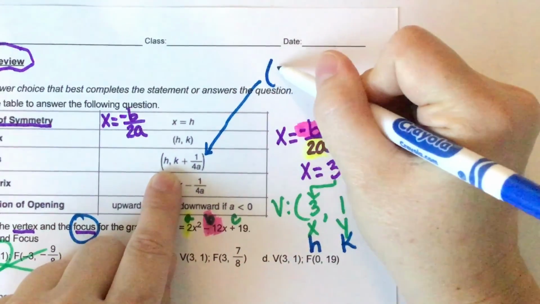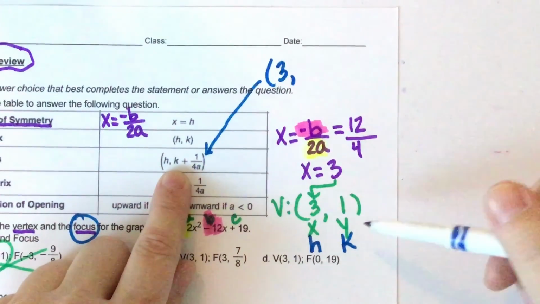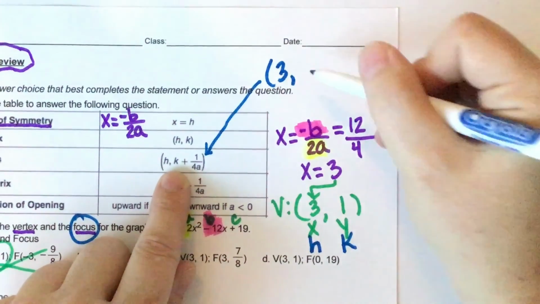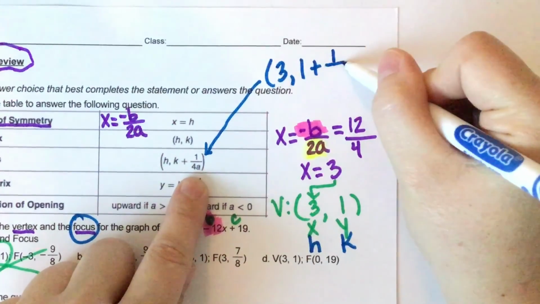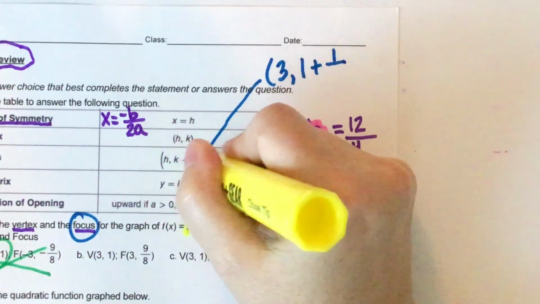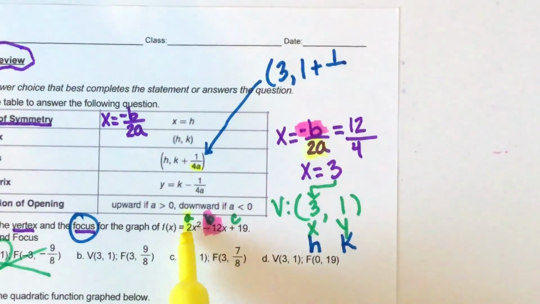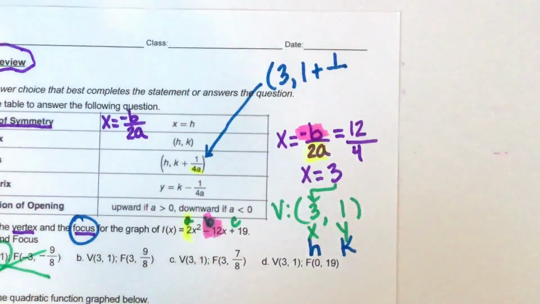So it's going to be comma 3. Then it wants me to take my k, which is 1, and add to that 1 divided by 4 times a. So remember, your 2 is your a, and it wants me to take 4 times that. So 4 times 2 is 8.